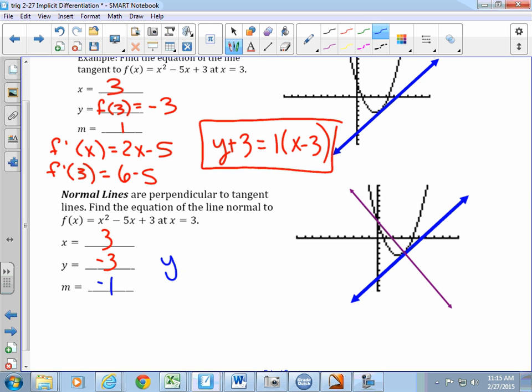So it's y plus 3 equals negative 1 times x minus 3. That's what a normal line is. Find the slope of the tangent line, flip it, and make it negative. Opposite and reciprocal. Any questions about tangent and normal lines?